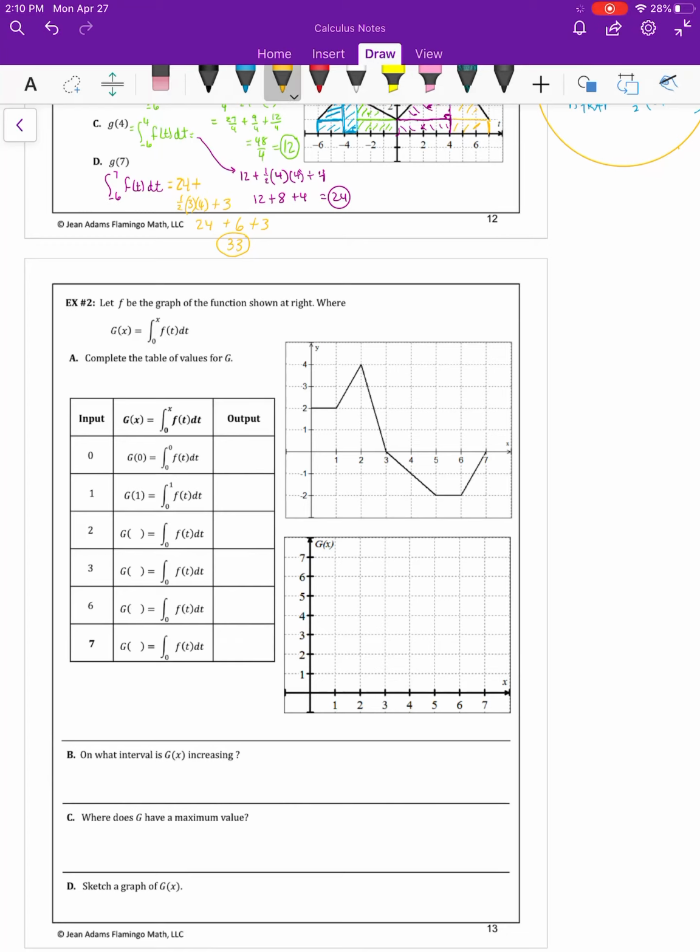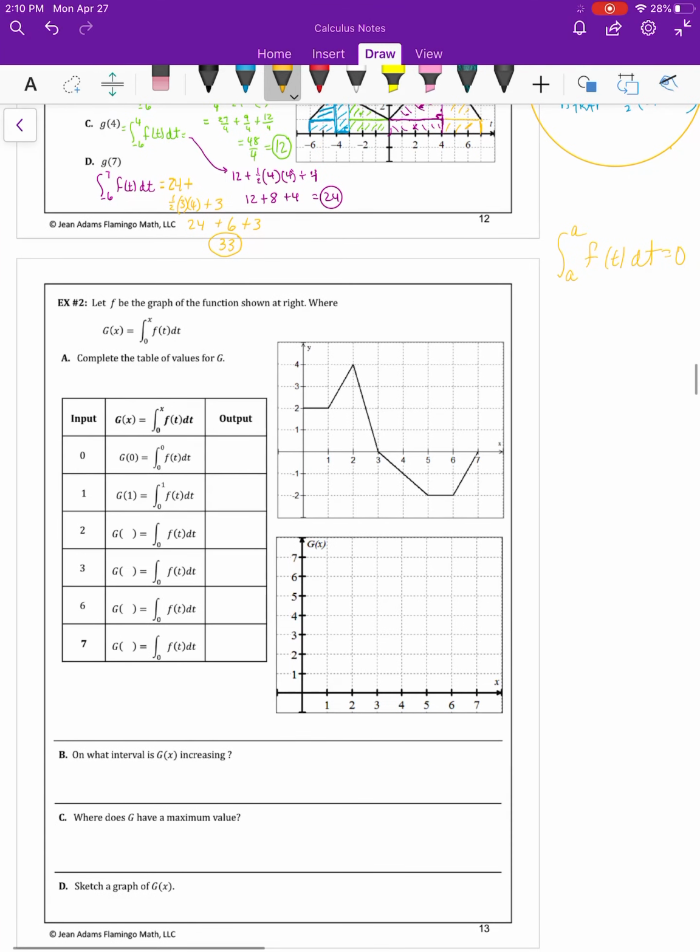But there's an integral rule that says if I'm going from A to A, the integral of f of t dt is always going to be 0, because I'm going from one number to the same thing. You're not doing anything. You're staying there. Like if I said from 3 to 3, it's going to be 0. If I said from 2 to 2, it's going to be 0. Okay?